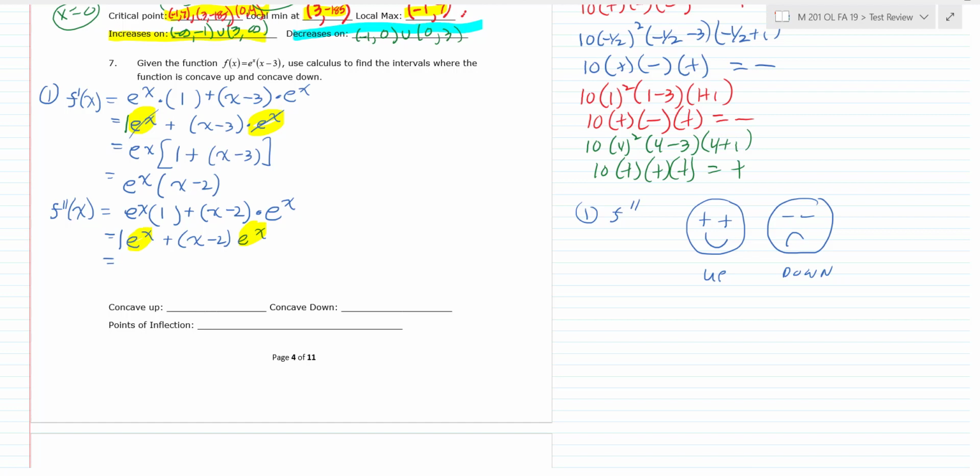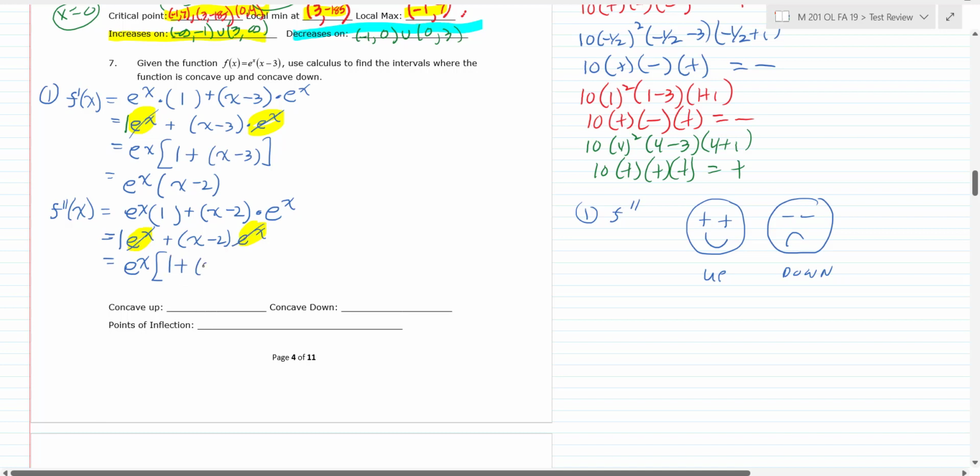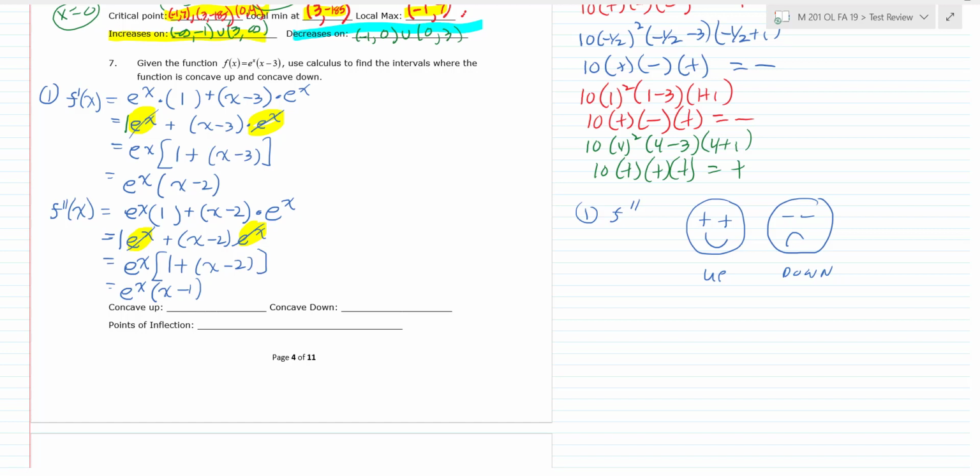I have e to the x. Once I remove that, I'll be left with a 1 plus x minus 2. I can collect those like terms, so I get e to the x times x minus 1. Okay, so that's real important. That is the second derivative. That's what we are trying to accomplish in step 1.